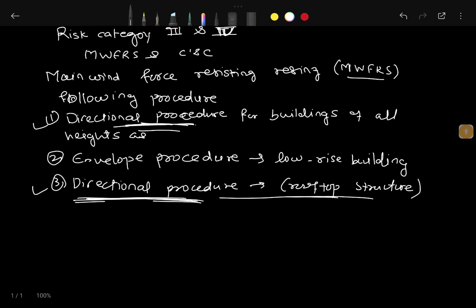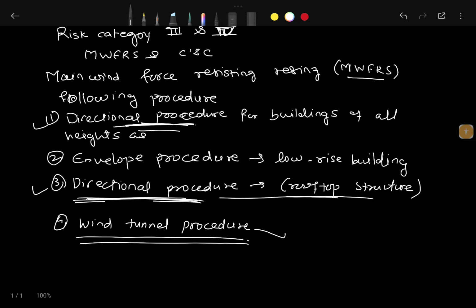Now the fourth one is the wind tunnel procedure. This wind tunnel procedure is for all buildings and all other structures. This is a very important method.